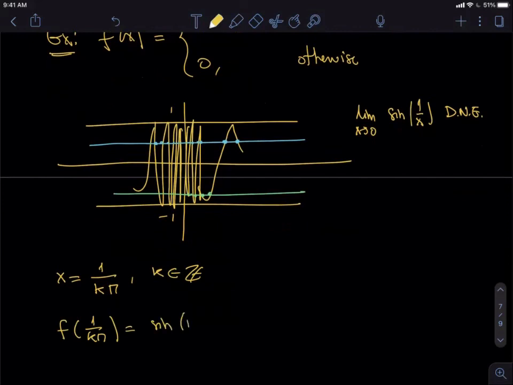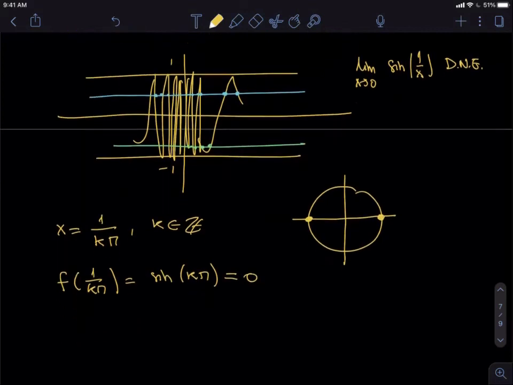When I see that in the trigonometric circle, it's always going to be 0. So one could guess that the limit as x tends to 0 of f of x is 0, because it is for this sequence.